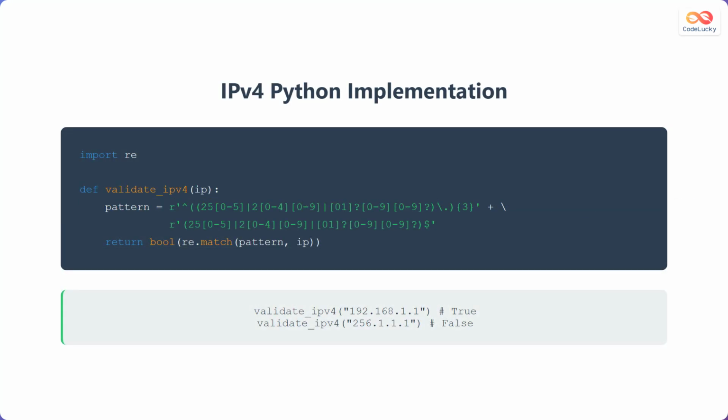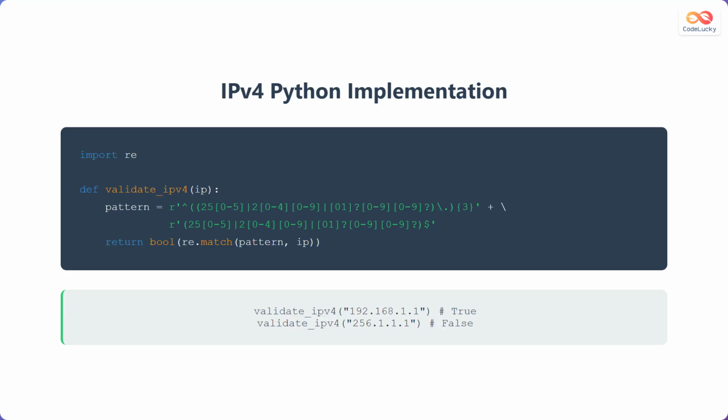Let's see how to implement this in Python. First, import the re module for regular expressions. Define a function, validate_IPv4, that takes an IP address string as input. Inside the function, define the IPv4 RegEx pattern we just discussed. Finally, use re.match to check if the IP address matches the pattern.